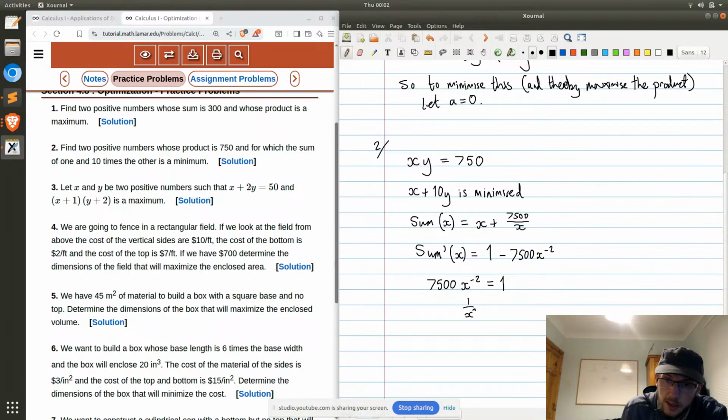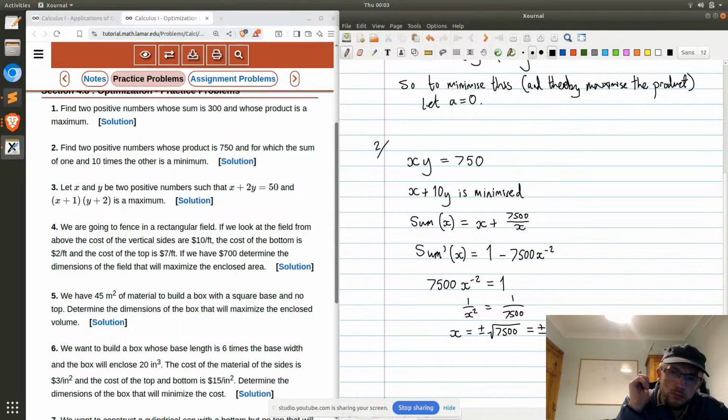So 1 over x squared equals 1 over 7,500. So x is the square root of that, is it not? What's that? 50 root 3. And what else? Okay.